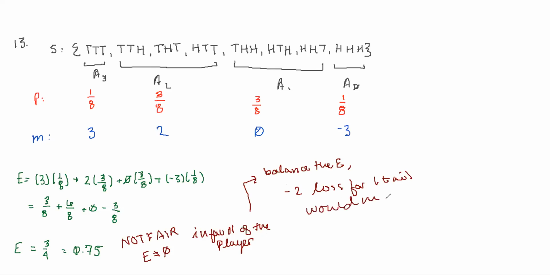Exactly. So to balance the equation, we would need to turn this 0 into a -2 so that E would equal 0. And we would have a fair game. Awesome. Okay, any questions?